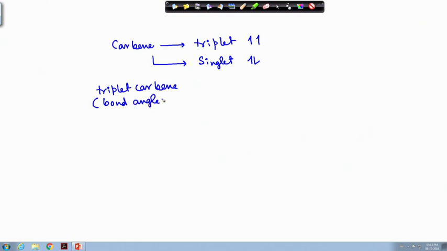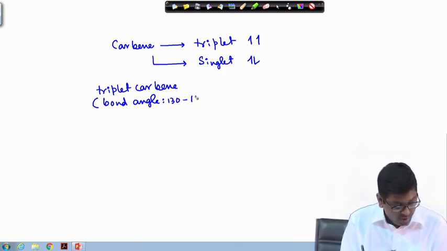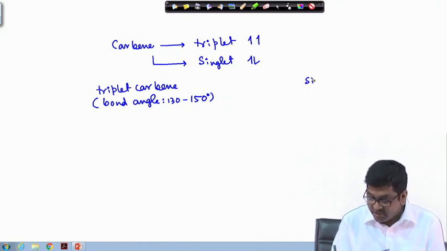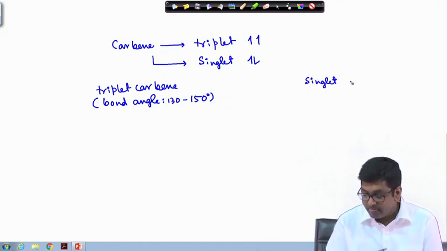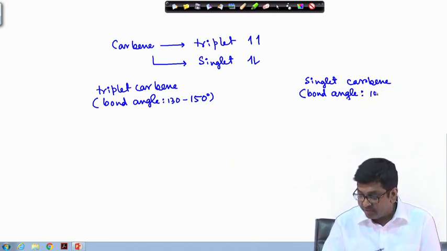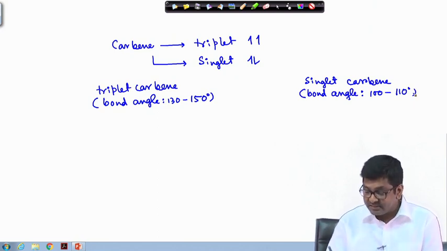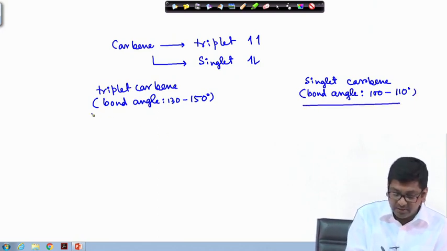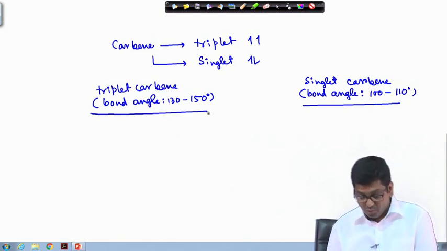The bond angle is in general 130 to 150 degrees, whereas singlet carbene bond angles are in general 100 to 110 degrees. We have discussed the reason why singlet carbene is less and why triplet carbene is more.